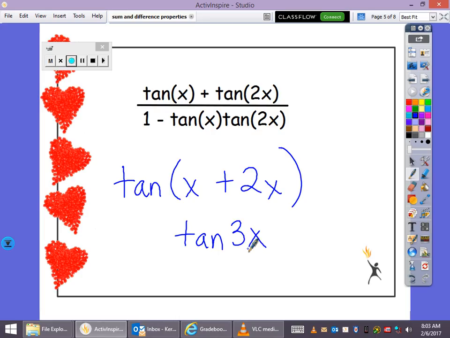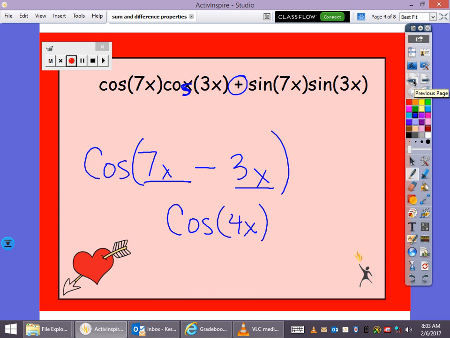Everyone feeling okay with the sum and difference identity rules? Question? The simplify or the exact value? Okay, so this previous one. Basically, I look at what form it's in.